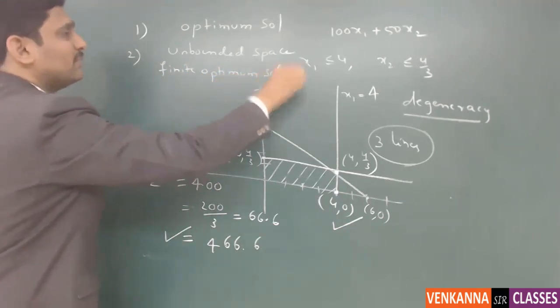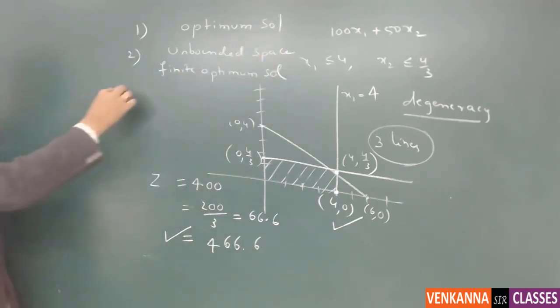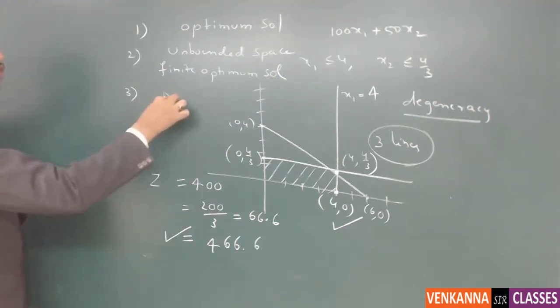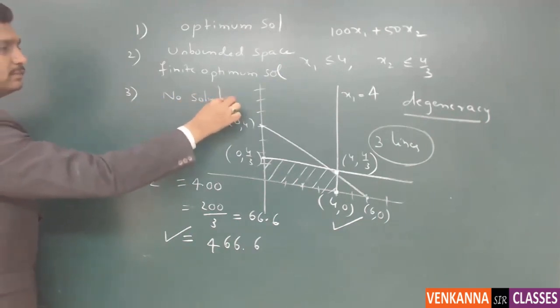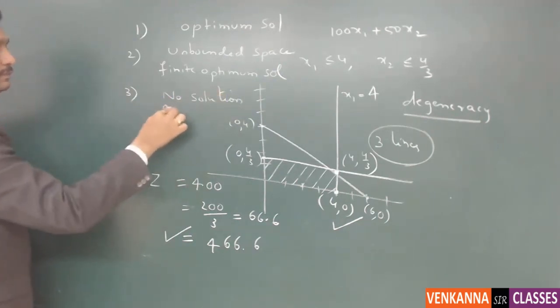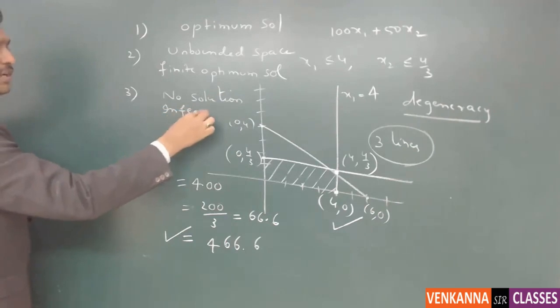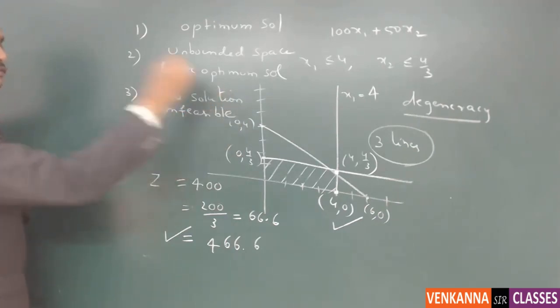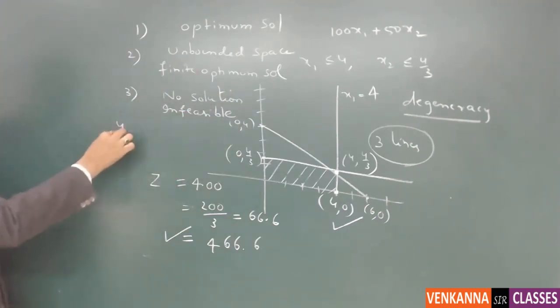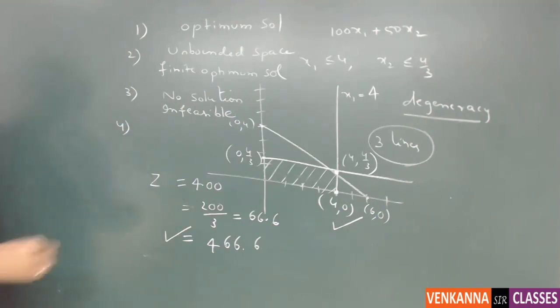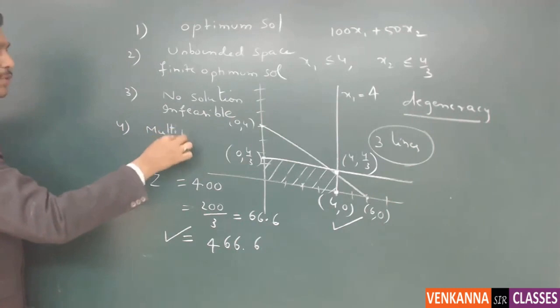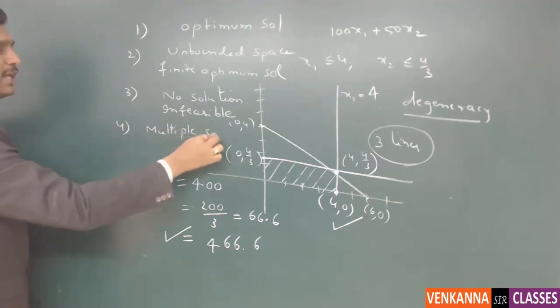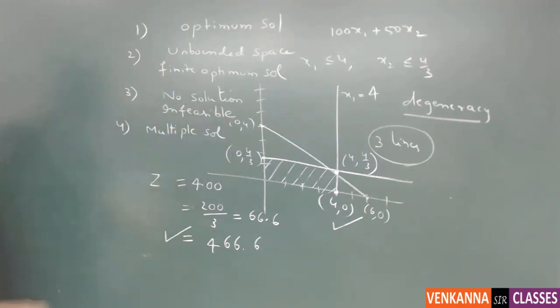So optimality will be achieved. In one graph we observed that there is no solution at all. We call it an infeasible region. There is no intersection, which is not at all possible there. In one graph we observed that it will have multiple solutions. So optimality is reached by multiple values.